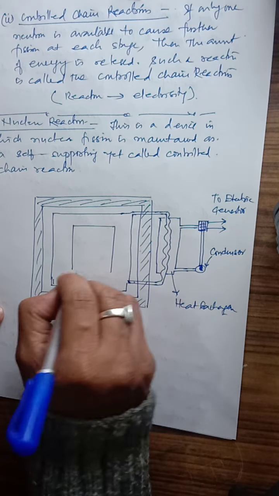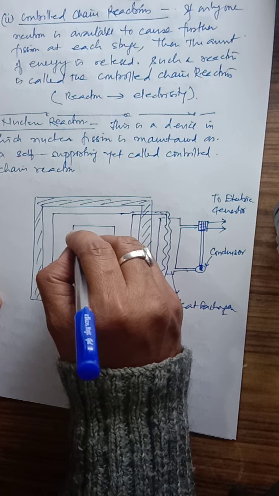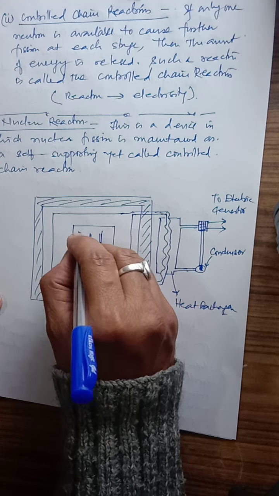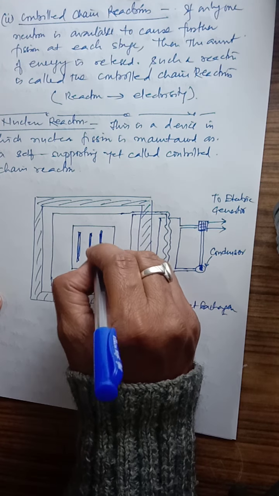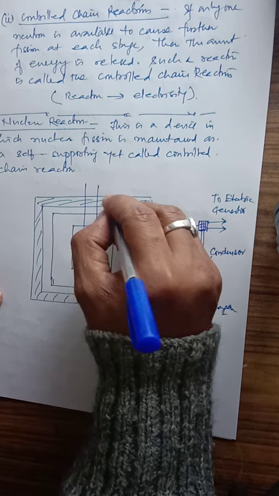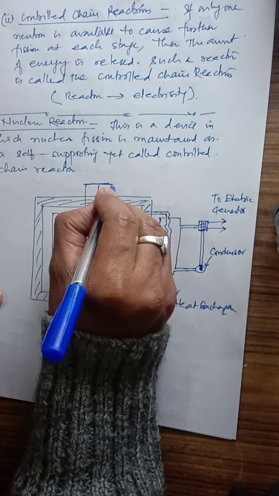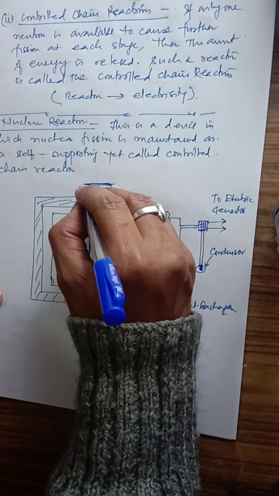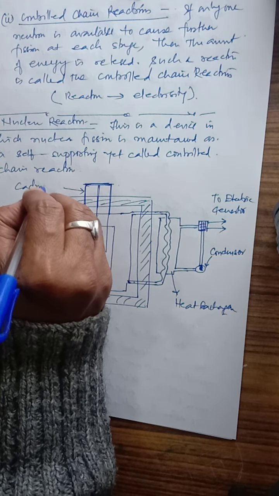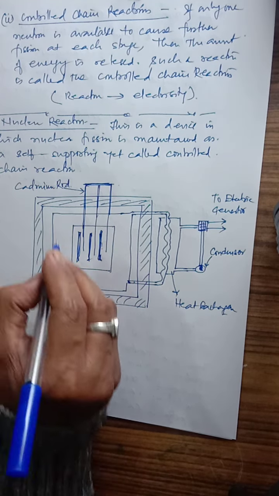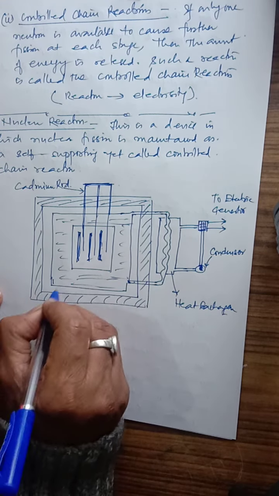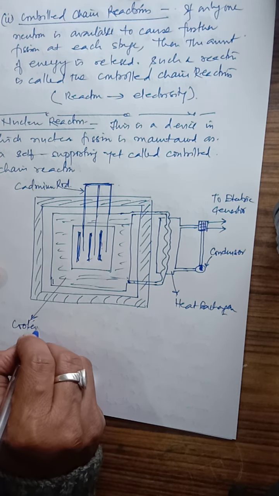Again, this is the inside chamber where this is the cadmium rods. This is the filling of coolant to cool down the furnace. This is the coolant.